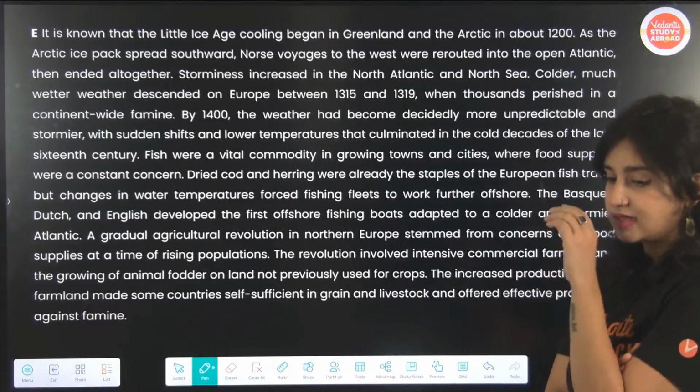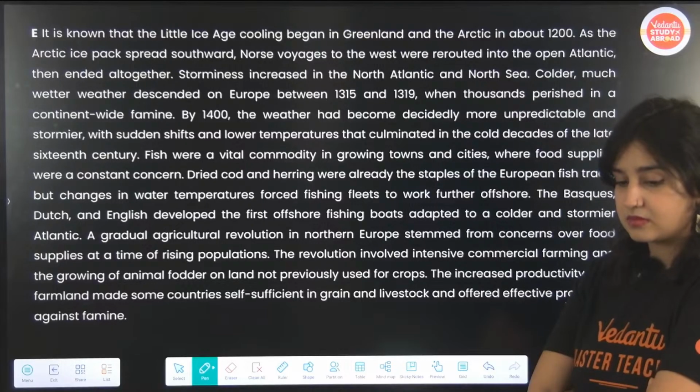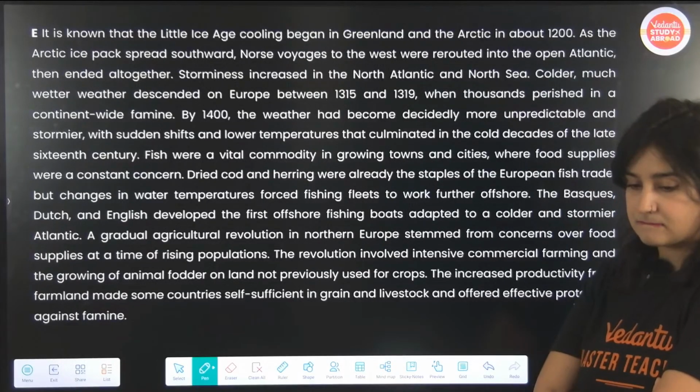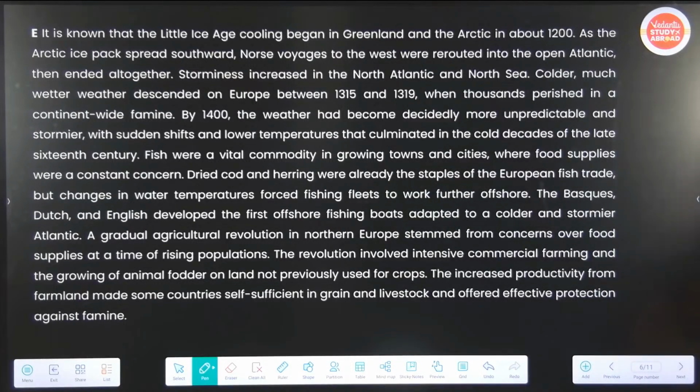What is this about? What is this passage about? Or this paragraph about?